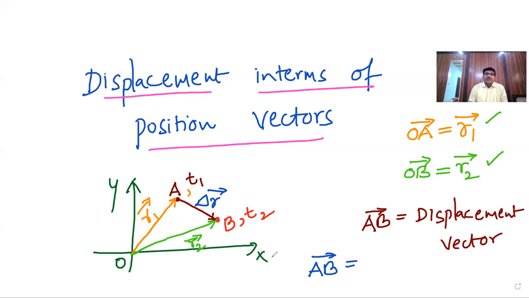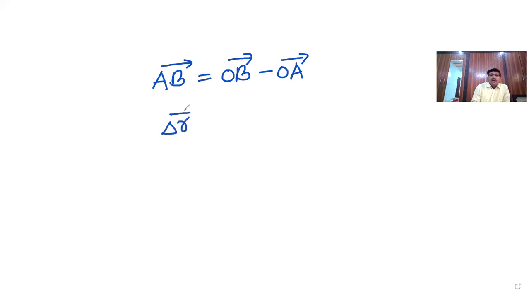In the previous session, we have seen AB bar is OB bar, final position, minus initial position. So OB bar minus OA bar. So clearly it indicates that AB bar is the displacement vector: OB bar, final position vector, minus initial position vector OA bar. This AB bar is delta R bar.